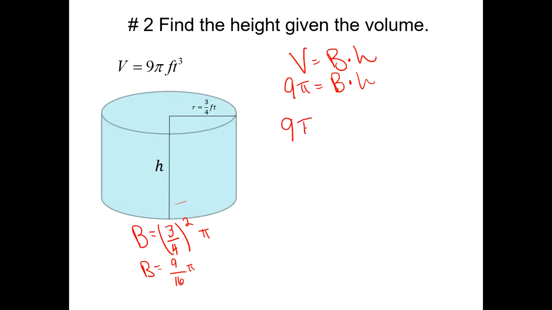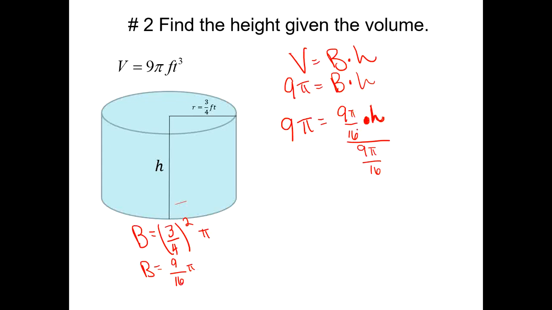So we have 9 pi is equal to 9 pi over 16, all times h. If we're multiplying by h, in order to undo whatever's happening on this right-hand side to get h alone, we have to undo multiplication, which means we have to divide by 9 pi over 16. But when you divide two fractions, that gets really ugly.